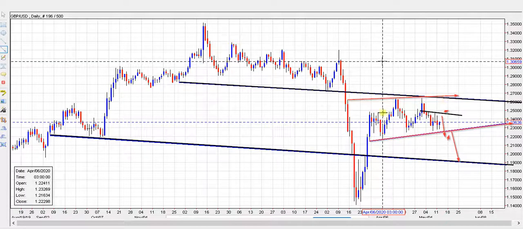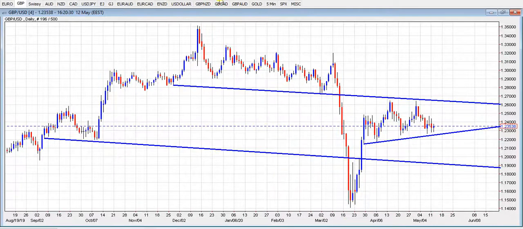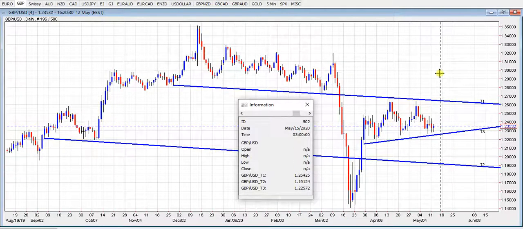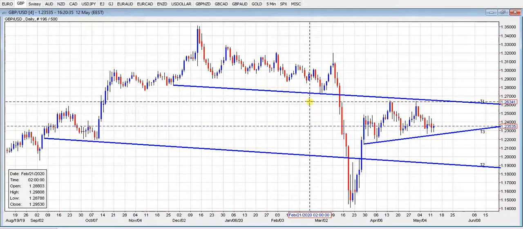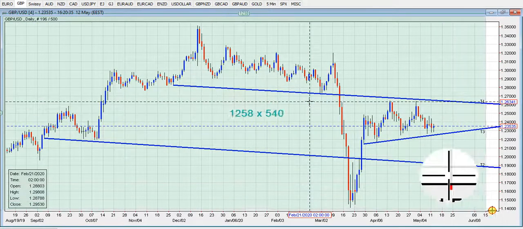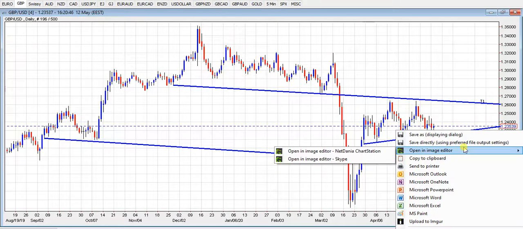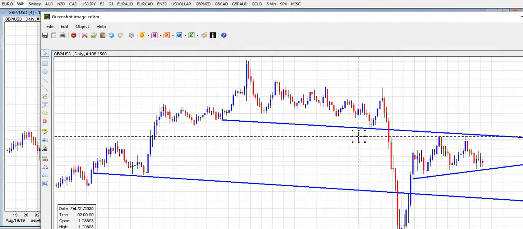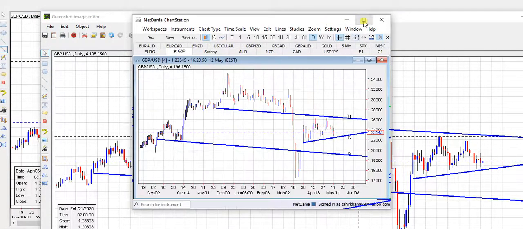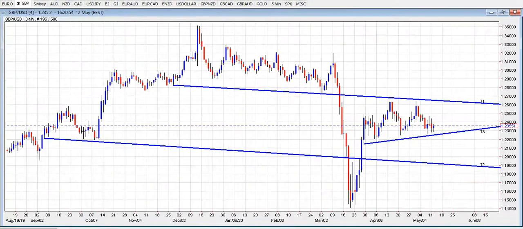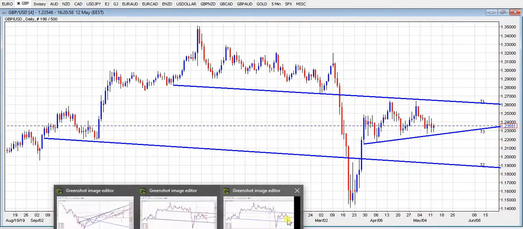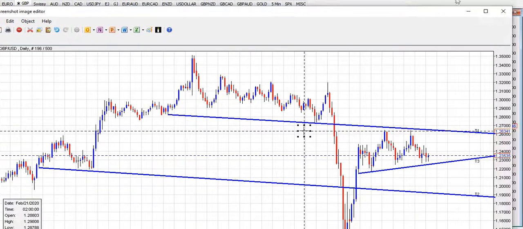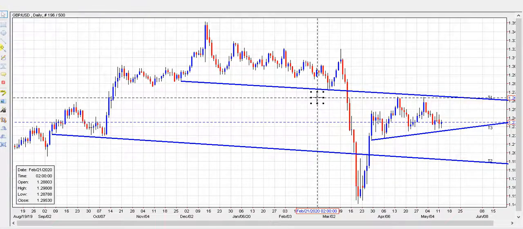So the top around 2640 and the bottom around 1910. So quite a decent size channel.